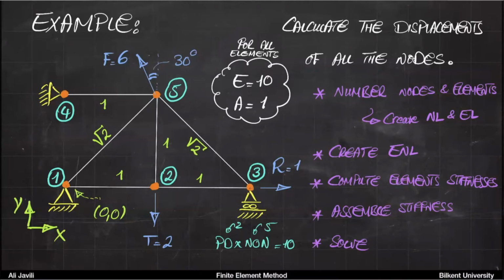And then what you need to do next is to number the elements. Let me just shift this down. Let's call this element 1. And again, I draw a square around the element numbers to distinguish them from node numbers. So that's element 1, that's element 2, and also this numbering is arbitrary.